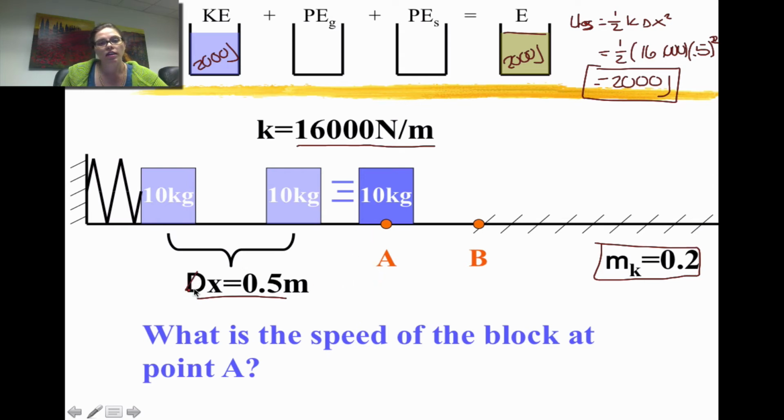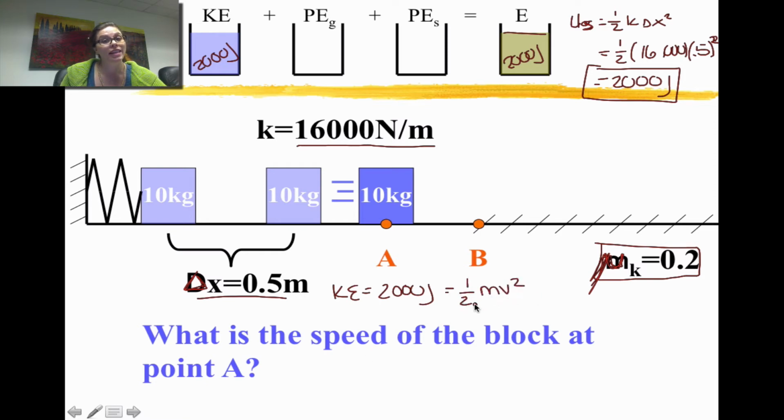I could ask, what is the speed of the block at point A? Oops, I missed a slide here. So this is new. And that was changing x. Okay, so what's the speed of the block at point A? Well, we know that the kinetic energy is equal to 2,000 joules, and that's equal to 1/2 mv squared.